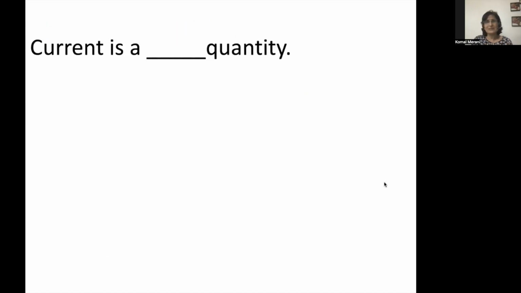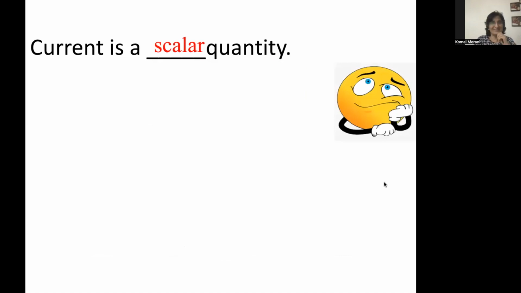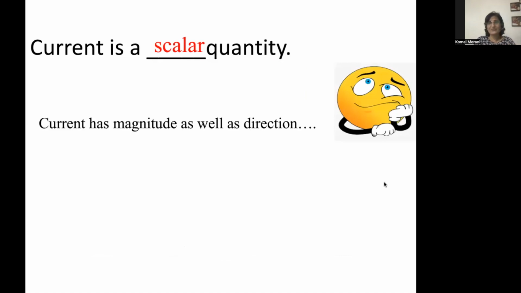So current is a scalar quantity. Yes, you may wonder. Current has magnitude, current has direction, but still, yes, it is a scalar quantity. Let's understand why. Because it does not follow vector addition.